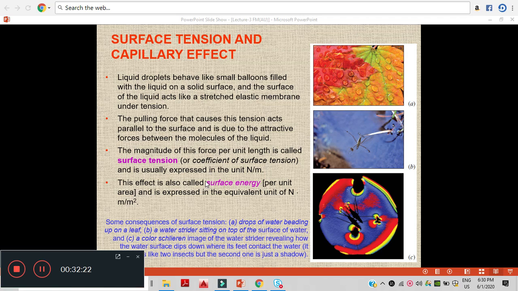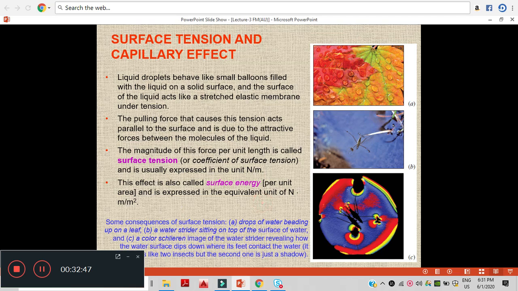All the molecules on the liquid surface experience a net inward pull, because of which there is a tension in the surface, known as surface tension. So surface tension is due to the cohesion between liquid particles at the surface.